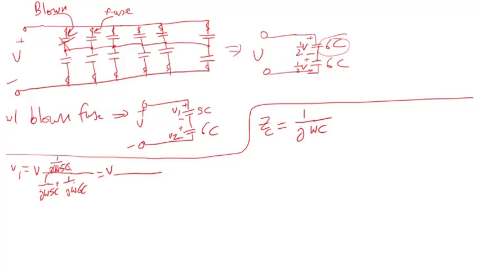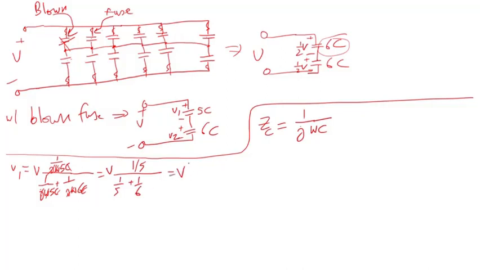I end up with V times 1/5 divided by 1/5 plus 1/6.